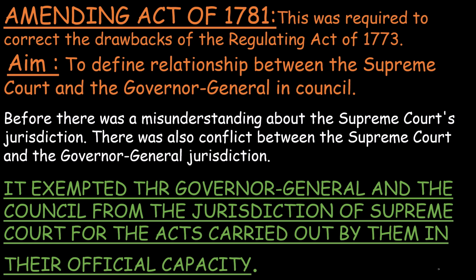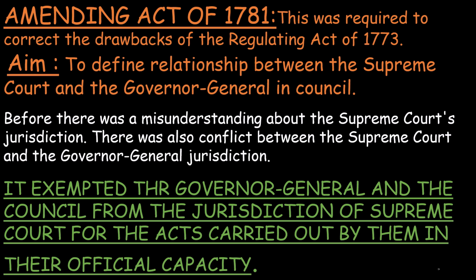Amending Act of 1781. This was required to correct the drawbacks of the Regulating Act of 1773. Aim: to define the relationship between the Supreme Court and the Governor-General in Council. Before, there was a misunderstanding about the Supreme Court's jurisdiction.